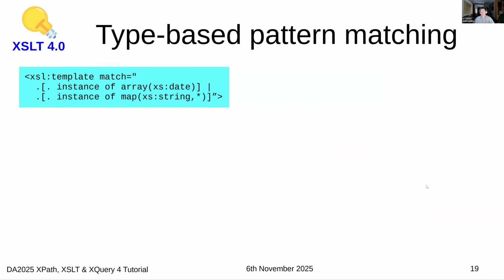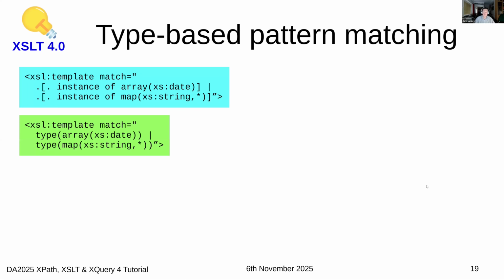We're now starting to get type-based pattern matching. This is all leading up to being able to do push mode processing of JNode trees effectively. So we used to have to do this with a predicate.